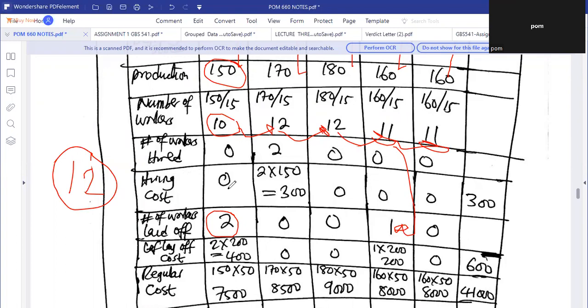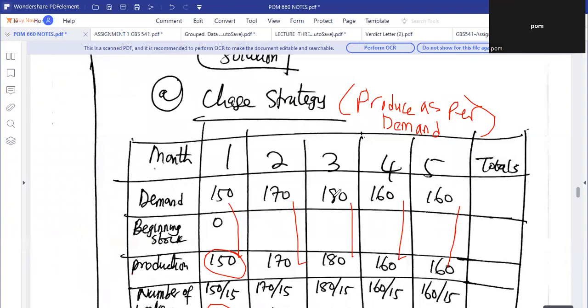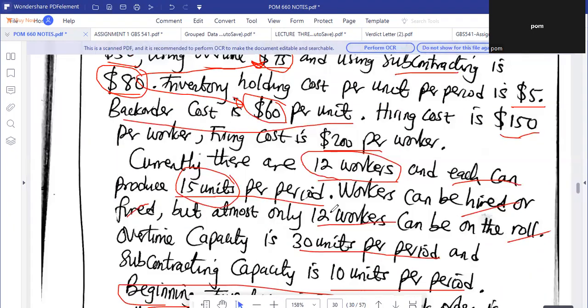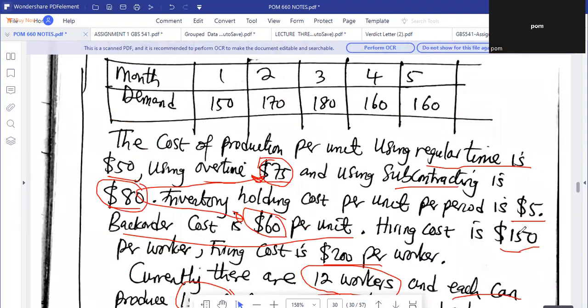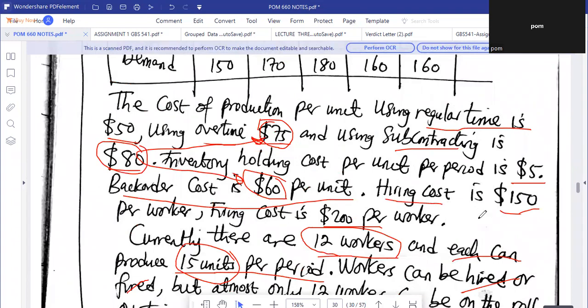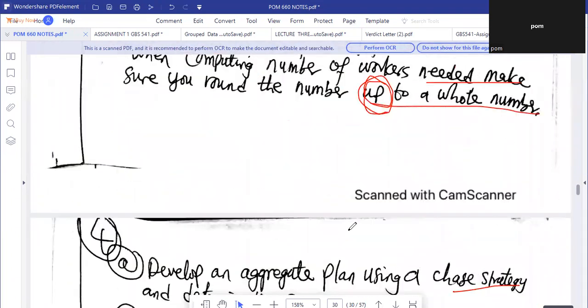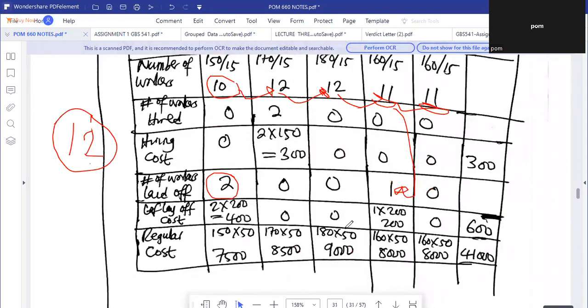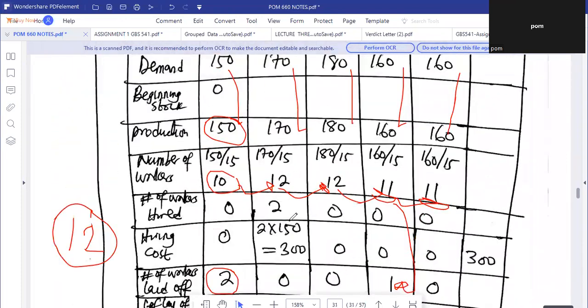So you can find the hiring cost. The hiring cost is $150 per worker. So here the hiring cost is 300 only, which is the total here.